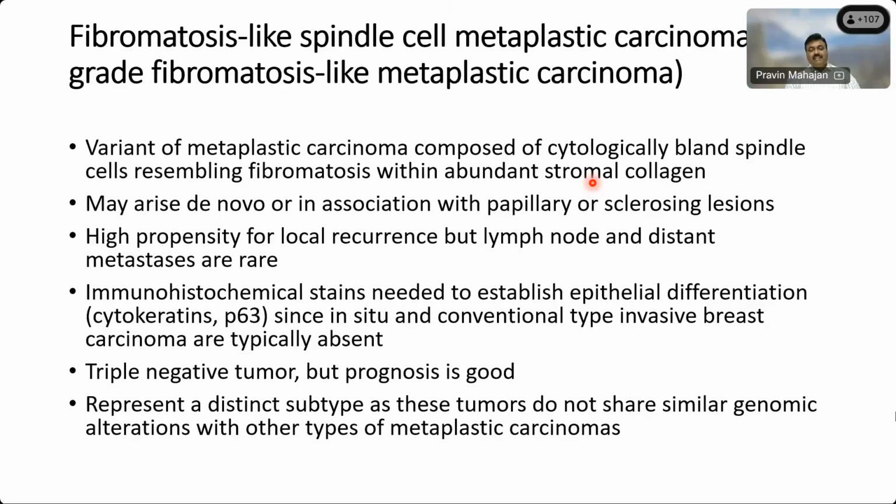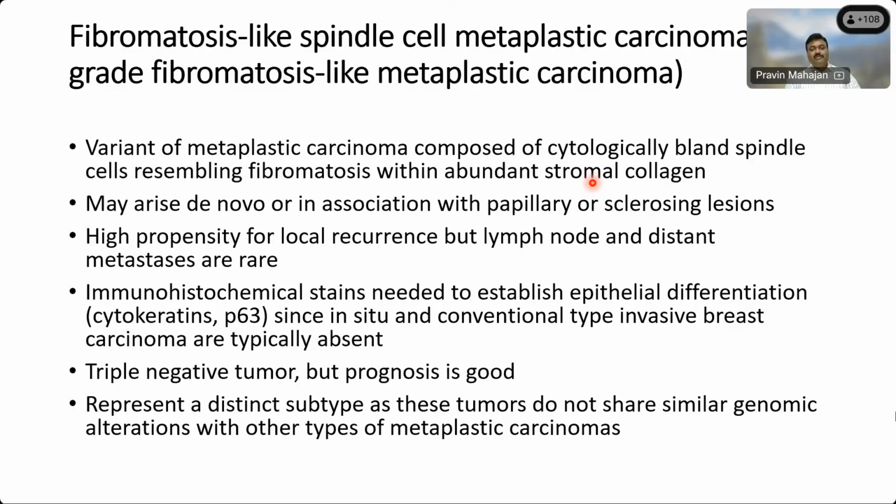Very interestingly, they can appear de novo or also in association with papillary lesion. The thing which I had shown you, that intraductal proliferation sclerosing, which I believe is actually a small intraductal papilloma, and probably this was associated with that. So people have found that some of these can be associated with these sclerosing lesions.